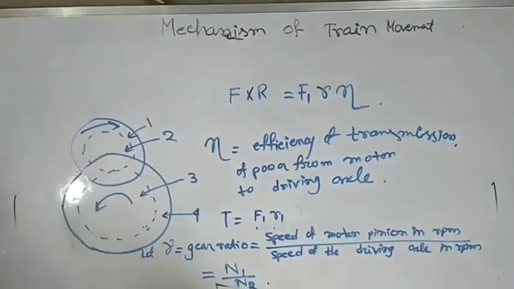R is the radius of the gear wheel fixed to the axle.